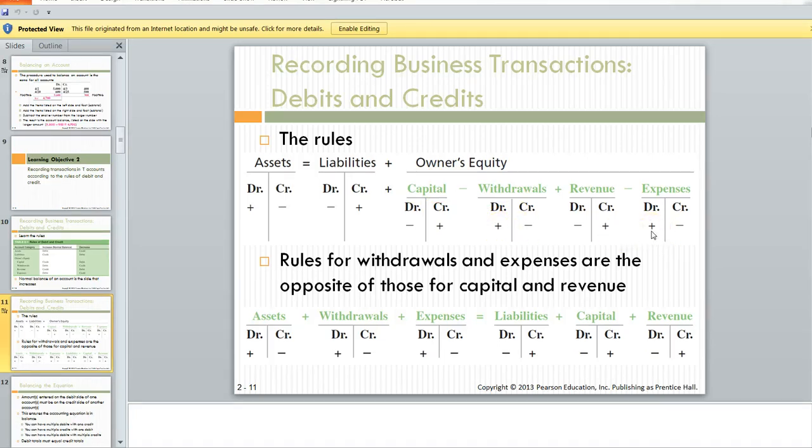The same is true with the expenses. Don't confuse the plus with an addition to capital, because when we debit an expense, it has the effect of a reduction. You remember that drill? We talked about it in Chapter 1.